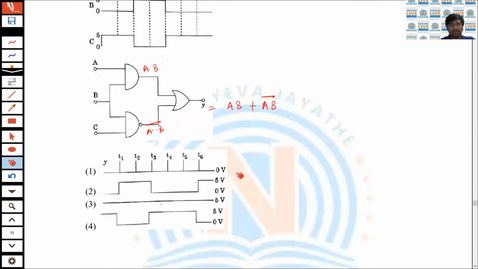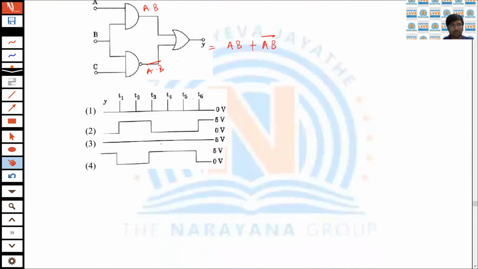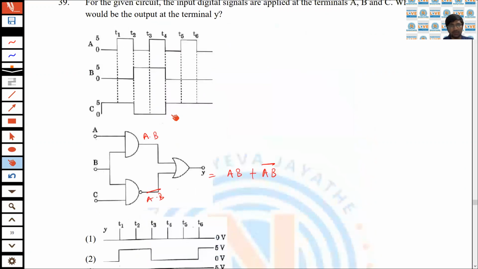All right. Now, if we analyze this for this circuit, the value of A and B is given as 0 and 0, and C value is given as 1 in the first case. Now, if you put this value, AB becomes 0 and AB bar becomes 1. So this is always equal to 1.